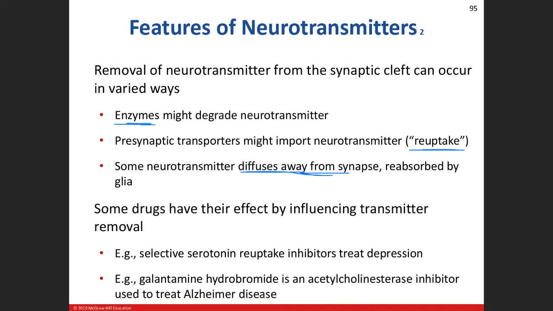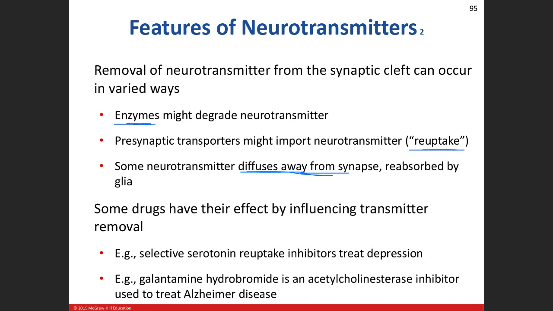So we'll see some drugs that have a very similar type of effect to the things I just mentioned. SSRIs, selective serotonin reuptake inhibitors. This is the second generation type of drug. Zoloft is a perfect example, a very popular antidepressant. Usually people that have depression have low serotonin levels. Serotonin is a neurotransmitter.